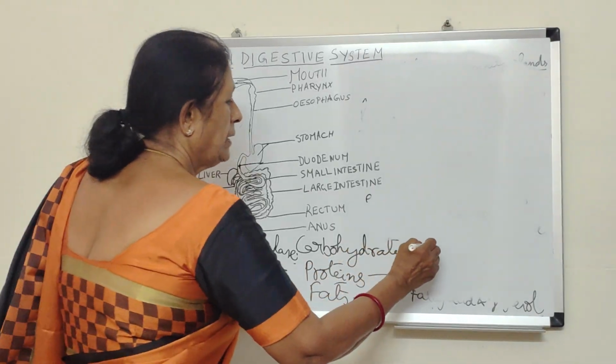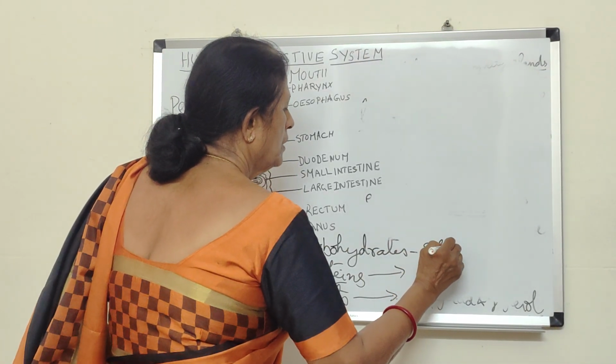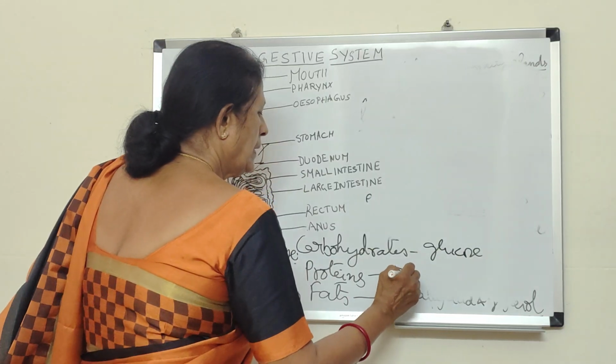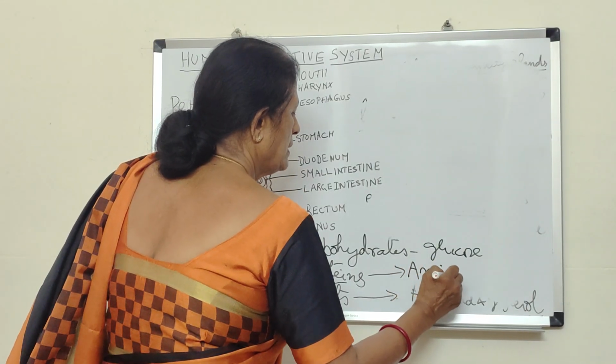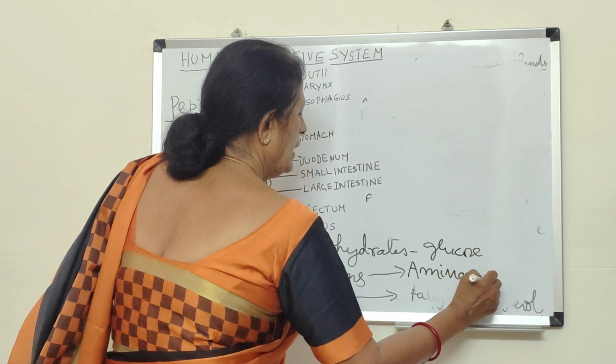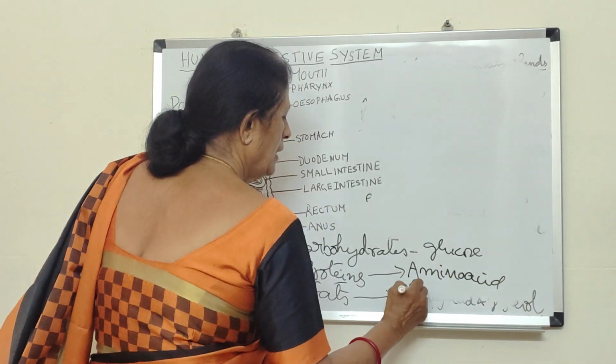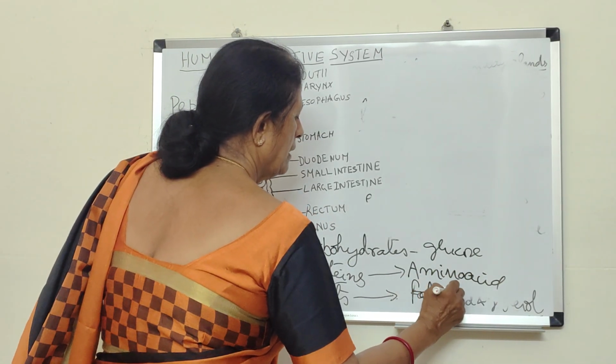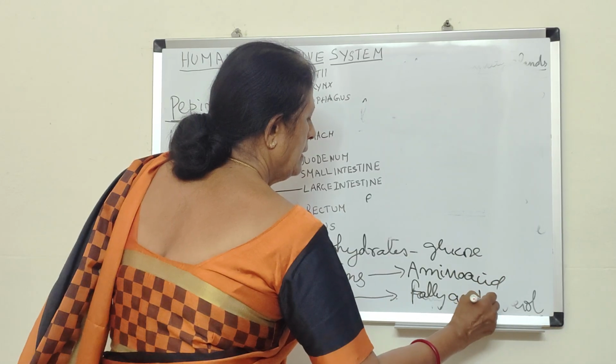Complete carbohydrates get converted to glucose, proteins get converted into amino acids, and fats get converted into fatty acids and glycerol.